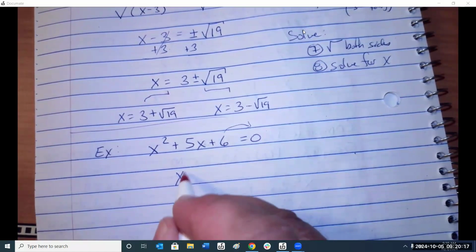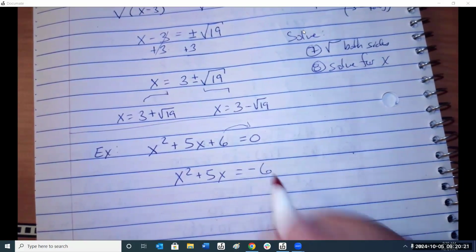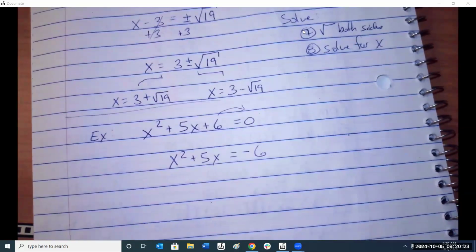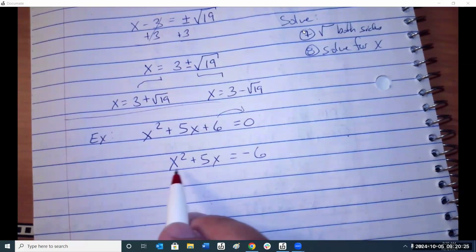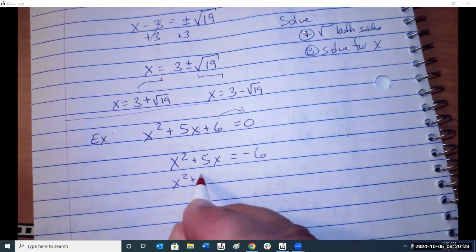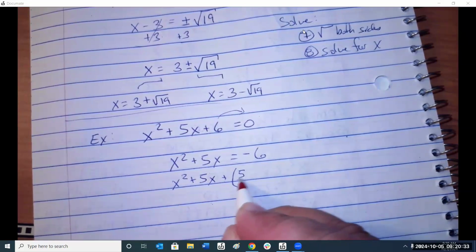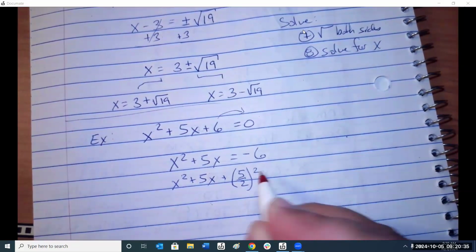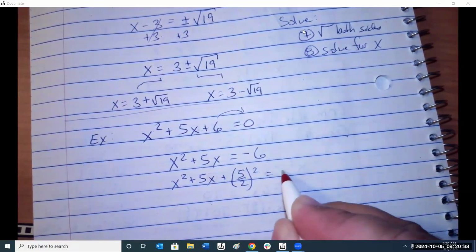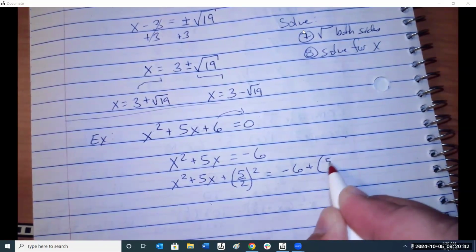So we have x squared plus 5x equals -6. Add (b over 2) squared to both sides: x squared plus 5x plus (5 over 2) squared equals -6 plus (5 over 2) squared.